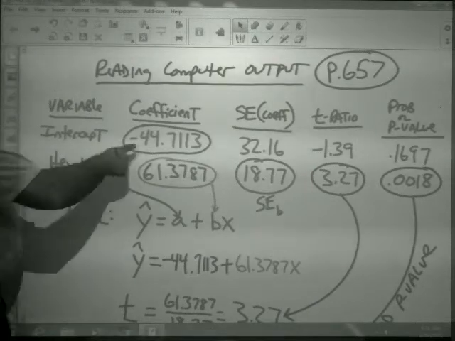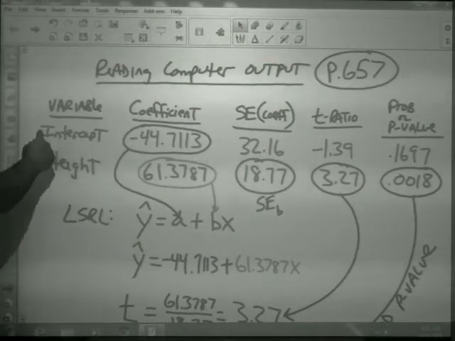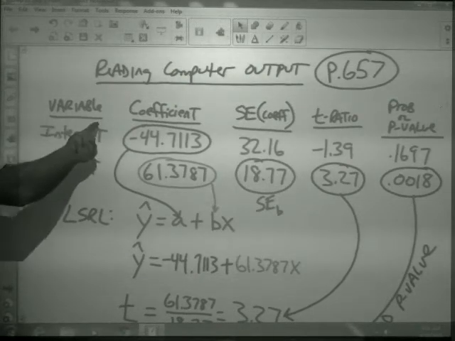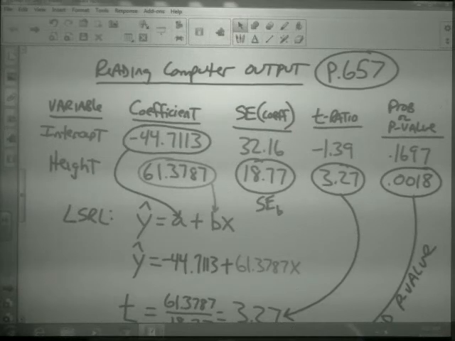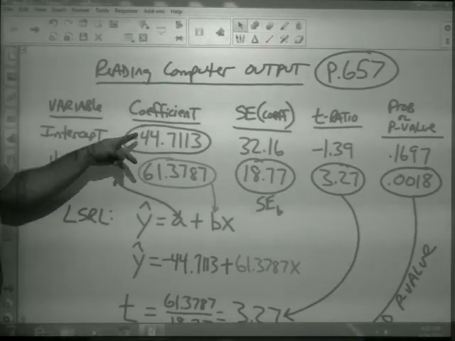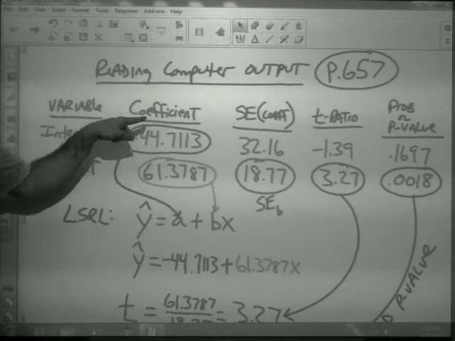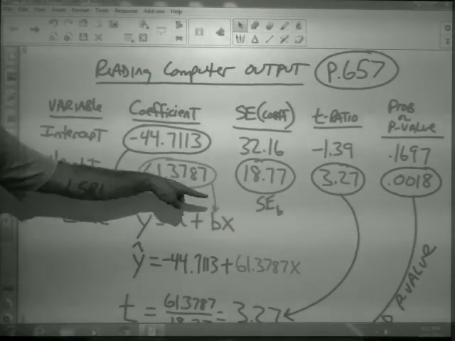So here's an example that's given in your book. All right? The variable, the y-intercept, and the x variable. All right? Now, I can write an equation from the computer output. We already did this before. This is the A, this is the B.